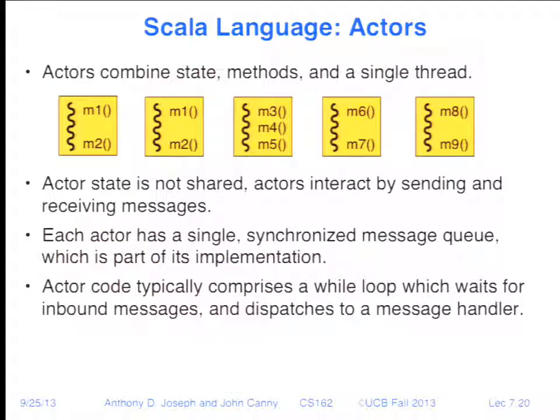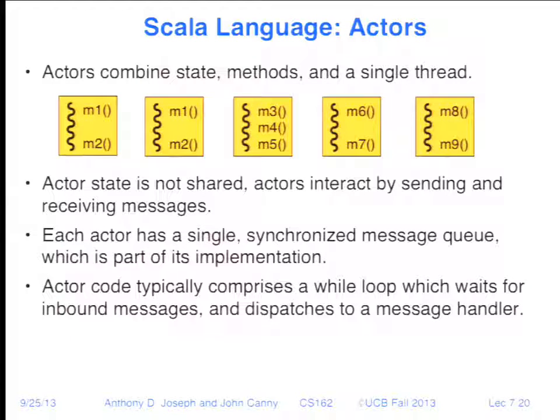So Scala avoids that by associating a process activity with each significant block of state. Going up from Java objects to actors, each actor has a single thread. In fact, there's only ever one thread running the code inside of an actor, so there's no concurrency issue.